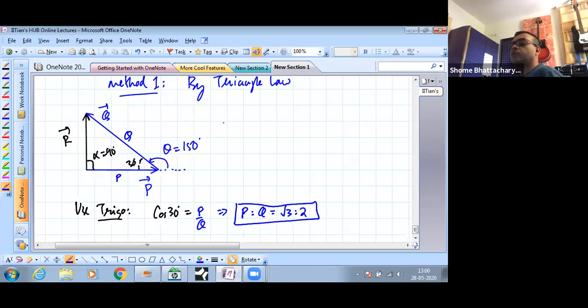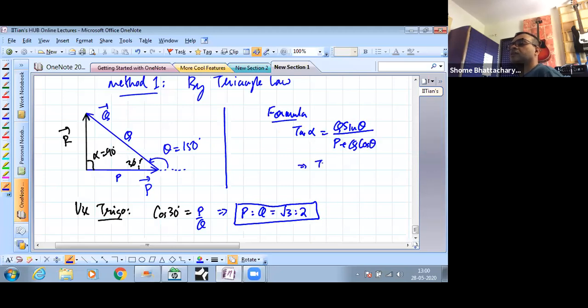Or we can go by formula. So what is there in the formula? In the formula based method, tan alpha should be Q sin theta upon P plus Q cos theta.